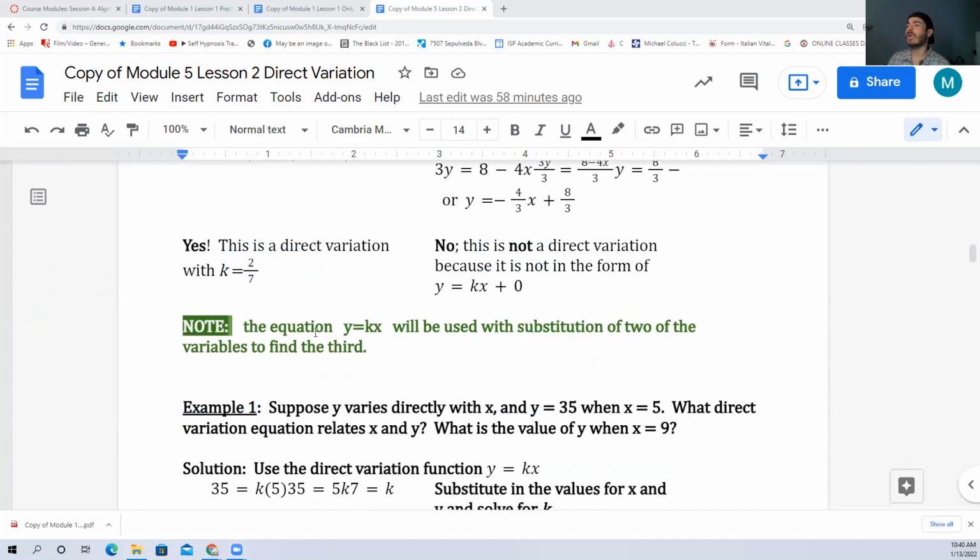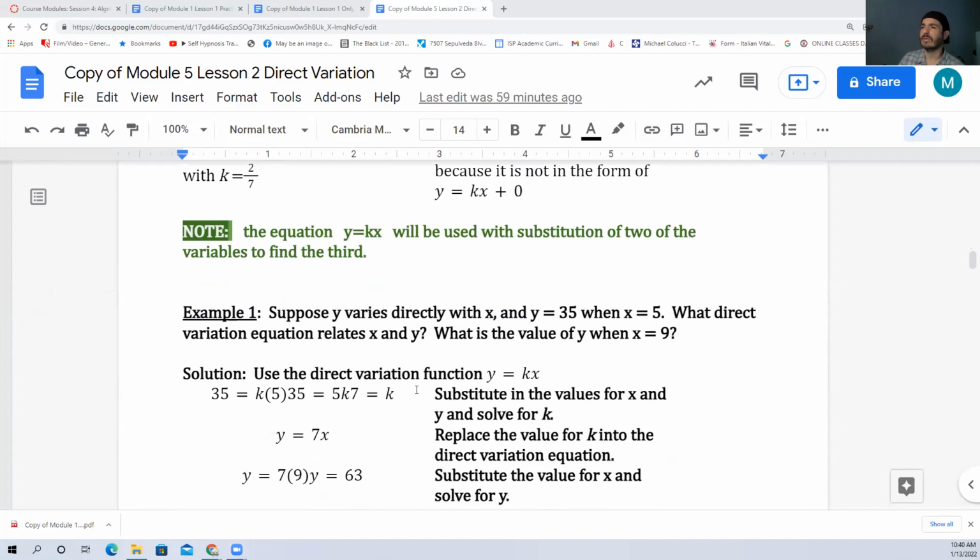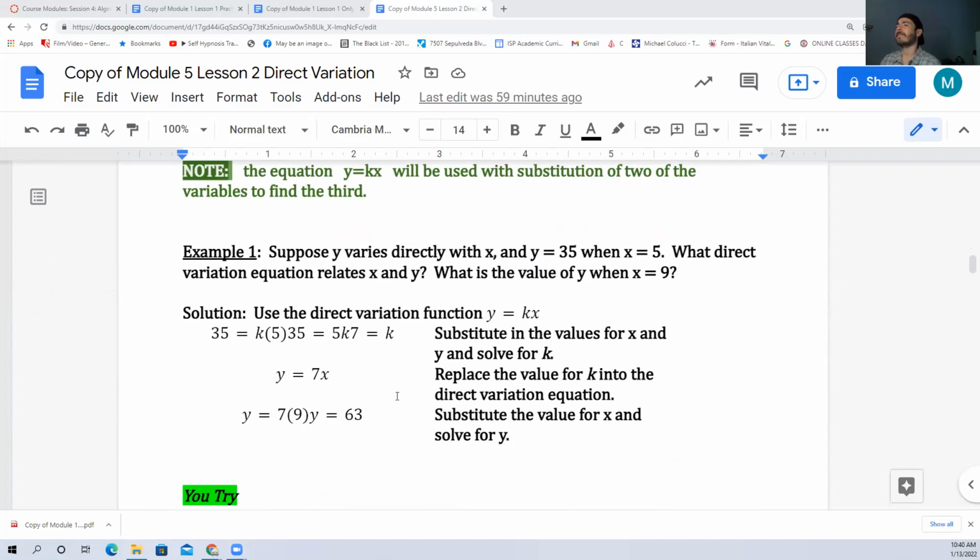The equation y equals kx will be used with substitution of two of the variables to find the third. Ignore that. That's a really confusing and frankly incorrect way of phrasing it. k is not a variable.